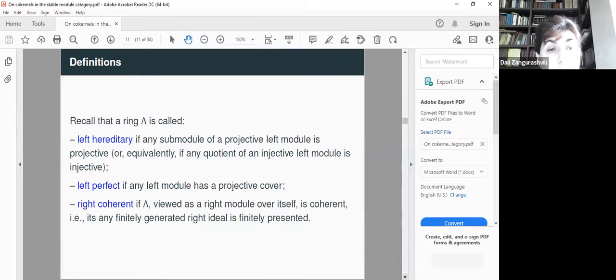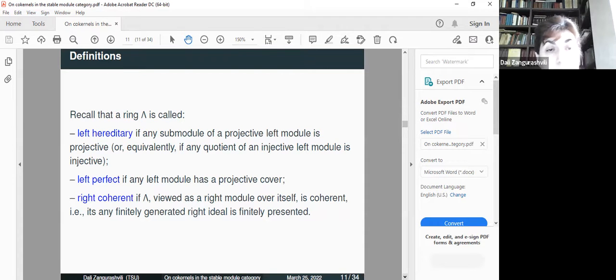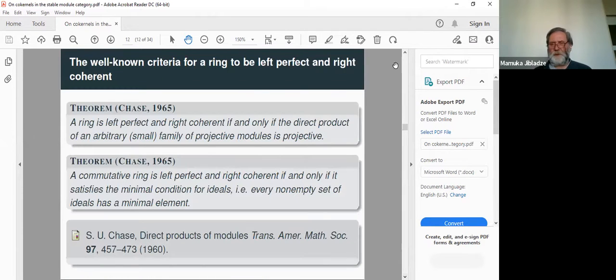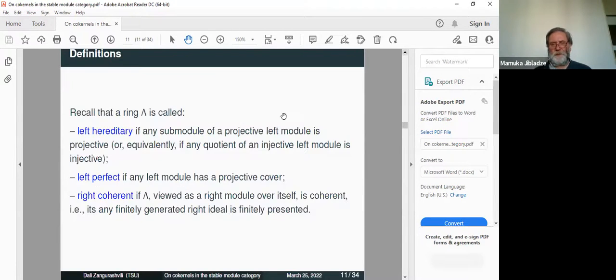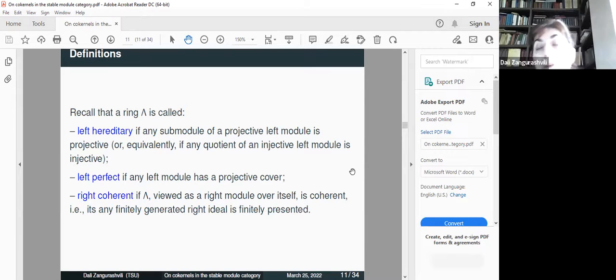So I already gave these definitions. Dali, maybe you could give a typical example. Sure. A typical example is Z modulo NZ, where N is a product of distinct primes.